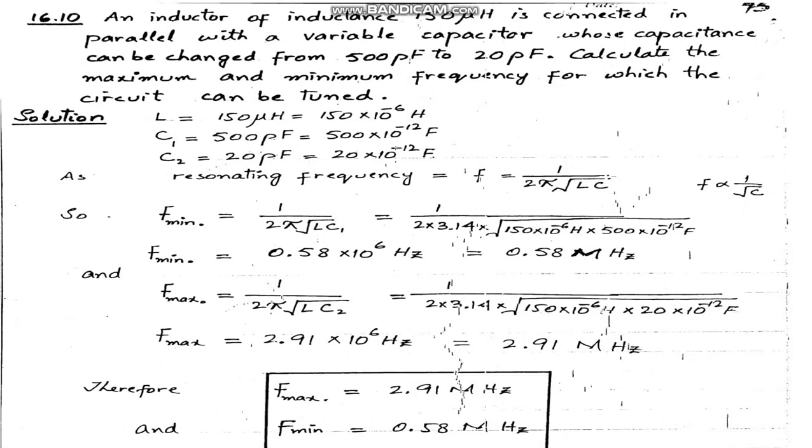By using calculator, we get the answer F maximum is equal to 2.91 multiplied 10 to the power 6 Hz, or we can write 2.91 megahertz. Therefore, F maximum is equal to 2.91 megahertz and F minimum is equal to 0.58 megahertz. These two values between which we tune the circuit.